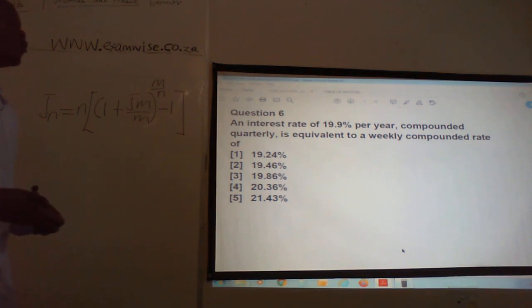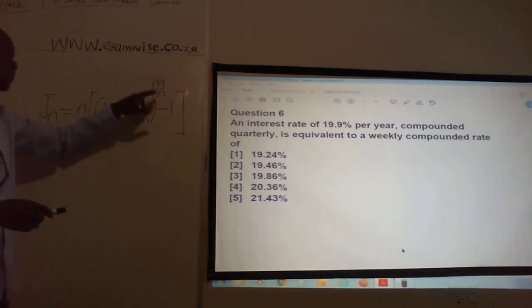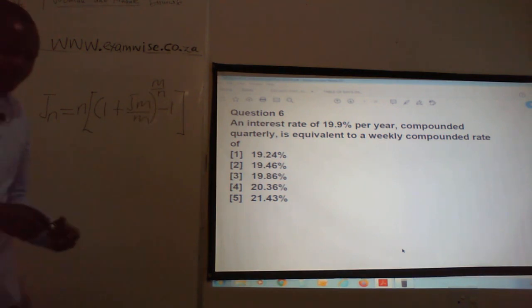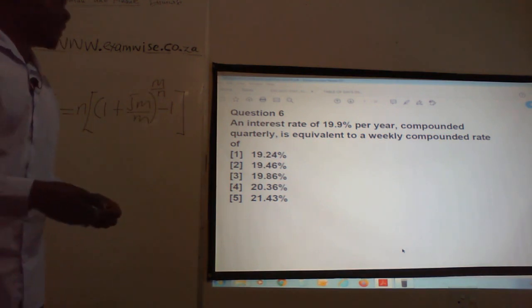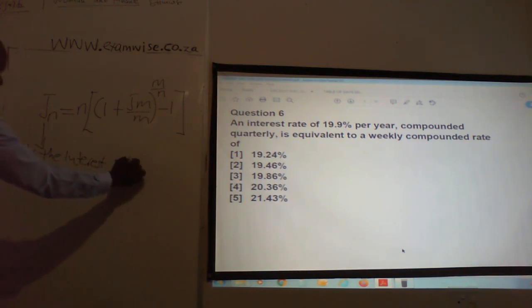This formula, which will be given in the exam, is for converting one compound interest rate to another. So Jn equals (1 plus Jm over m) to the power m over n, minus 1. You might be wondering what the variables mean, so let us interpret them. Our Jn is the interest rate to be calculated.